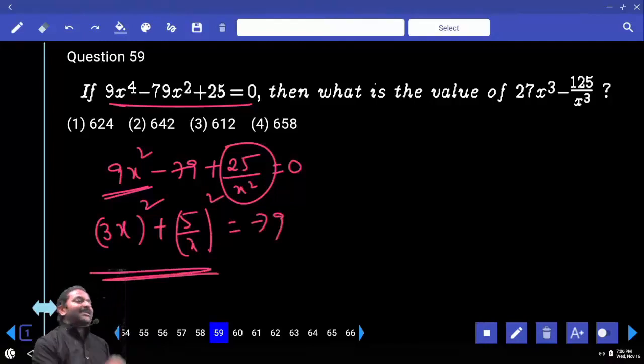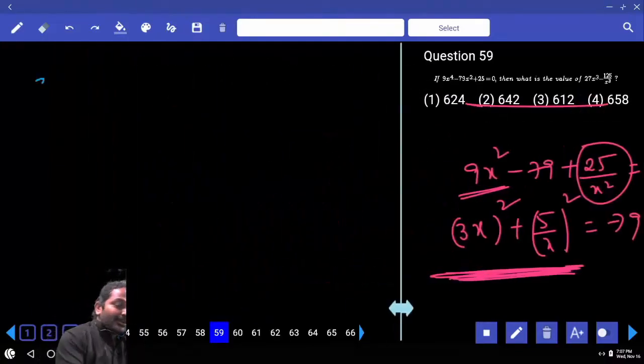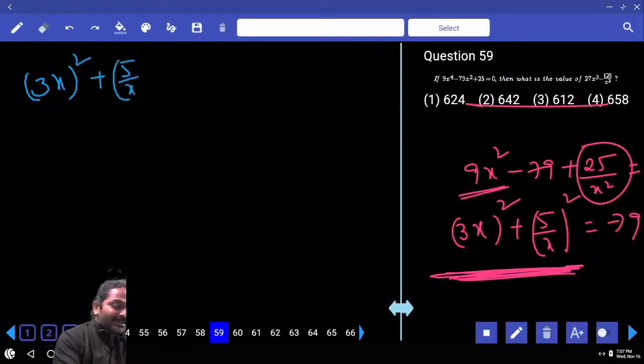Now to this left hand side, as it is in the form of a square plus b square, you can convert that to a plus b whole square, or you can convert it to a minus b whole square also. Yes or no? Now you need to read your question. Is that in the form of plus or minus? If it is minus, you should treat it as a minus b whole square form only. So now 3x whole square plus 5 by x whole square.